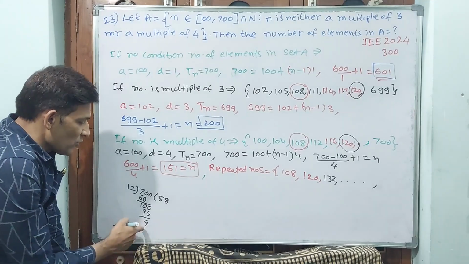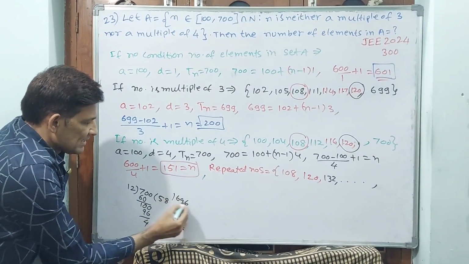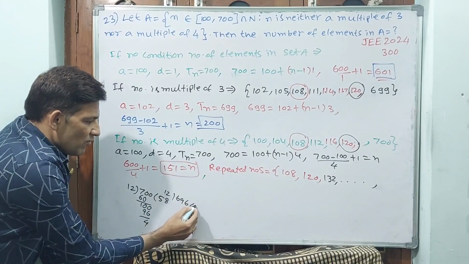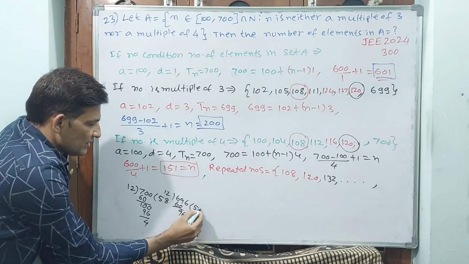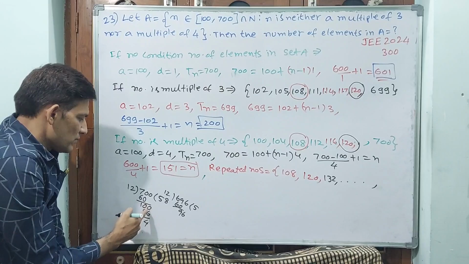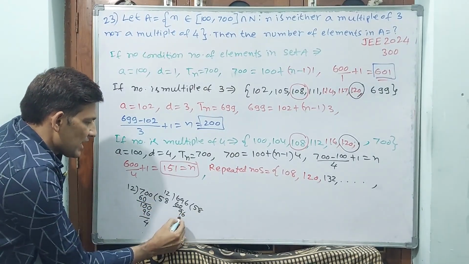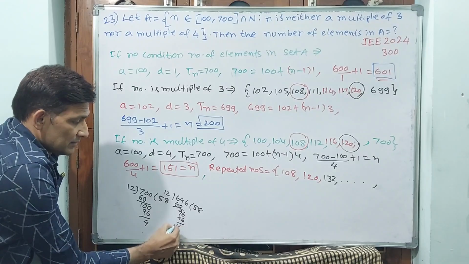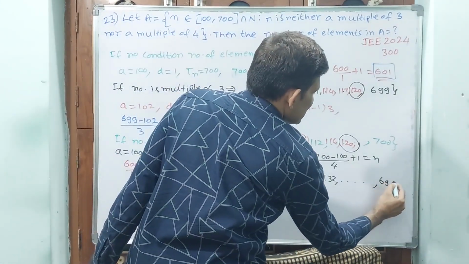That means if you subtract 4, 696. 12 eights are 96. So 696. That means the last number will be 696.